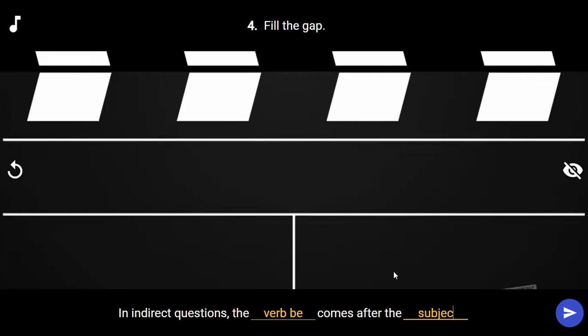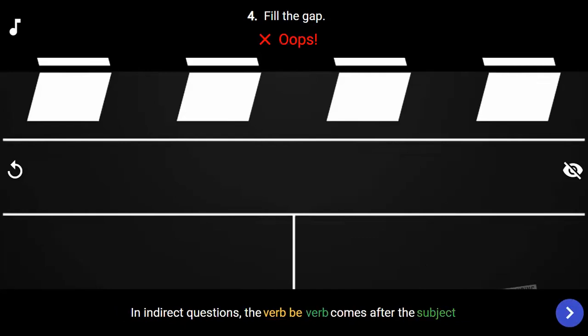Yes, right? Subject. But I hope it's okay. The verb. Sorry, verb only, right? But it was verb be. The verb comes after the subject, but verb be is also possible.